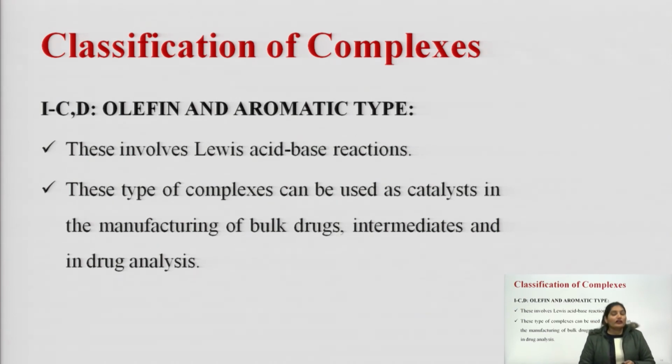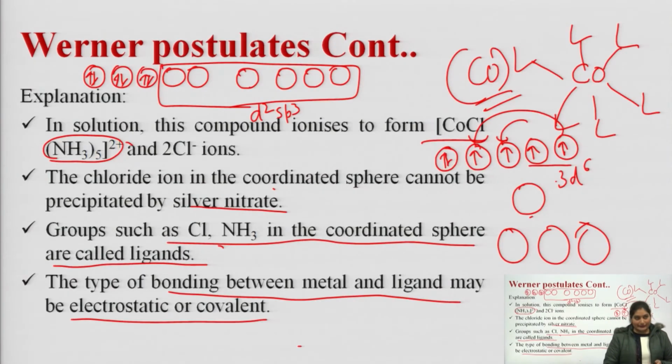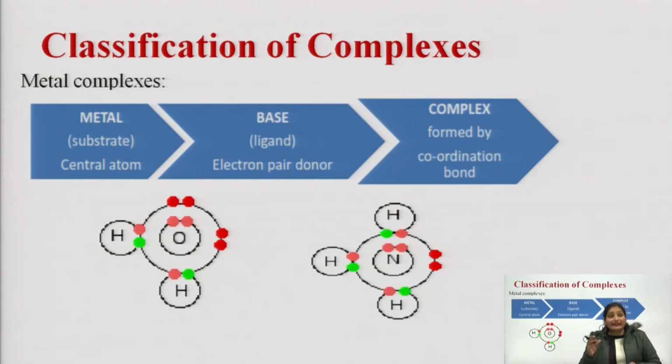So, what I have told you? I have told you about the metal complexes. And what are metal complexes? In the metal complexes, the metal ion constitutes the central atom that acts as a substrate to which a base or electron pair donor or a ligand can combine to form a complex by the coordination bond or covalent bond.